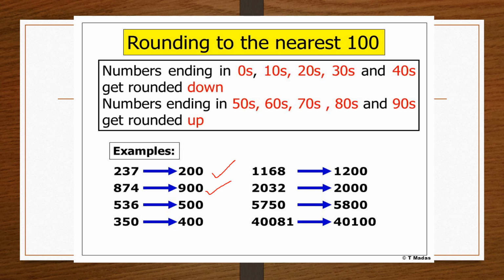Now here the tens digit is 6. It is in 60s. So it is rounded up to 1200. Okay students, these are some examples for your better understanding of how to round off to nearest.